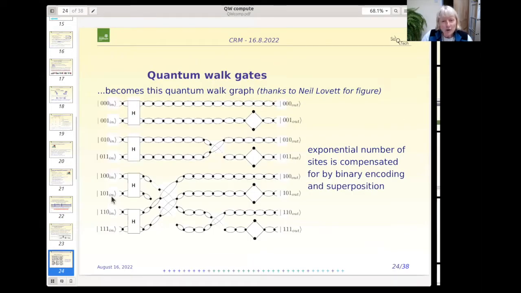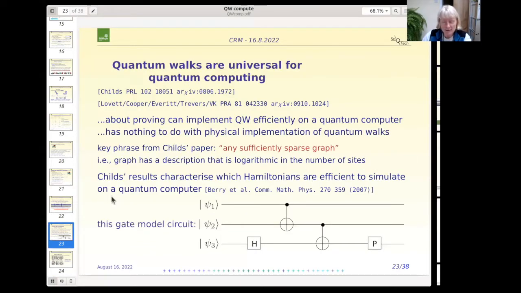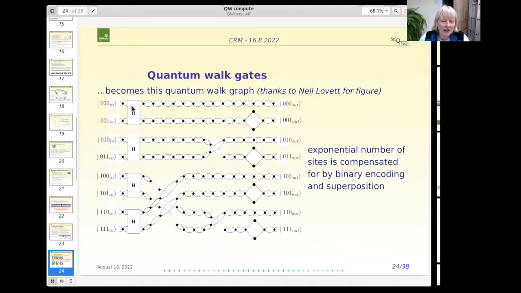So, this is what the graph looks like for the discrete time version. That simple circuit here, 3 rails, 4 gates, 3 qubits, has turned into this graph for the quantum walk. I have an exponential number of rails, sites.